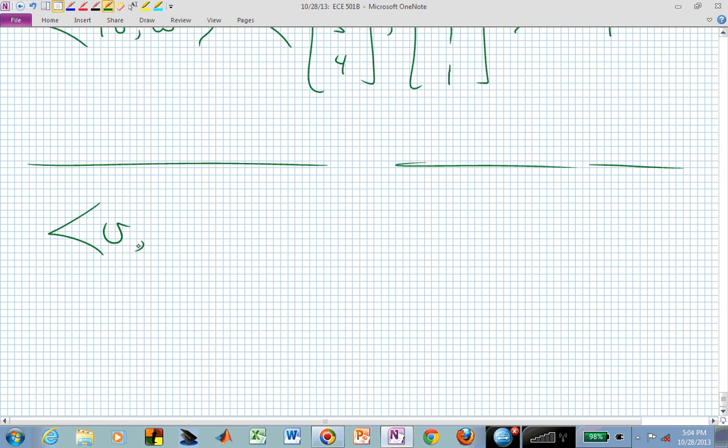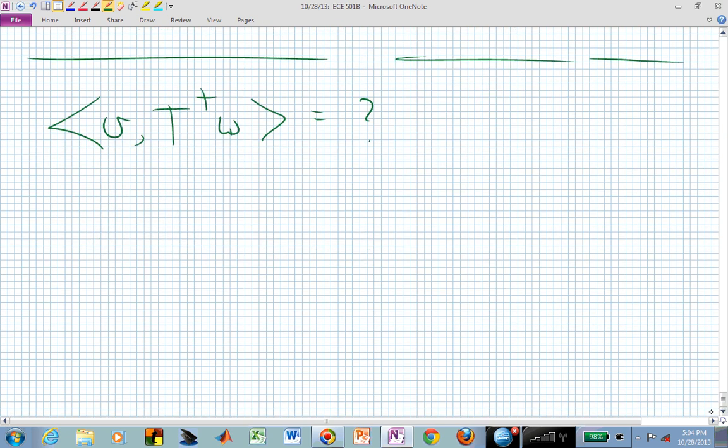We're saying that we need to look at this inner product, right? That's the definition of our adjoint. And we found the adjoint of T by taking the complex conjugate transpose, which if it's real, we don't need to worry about the conjugate part.